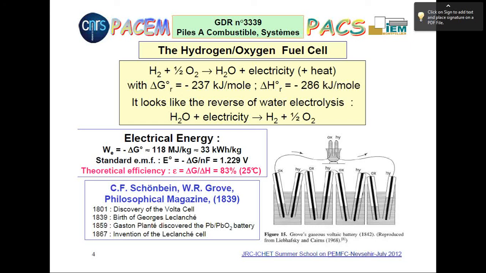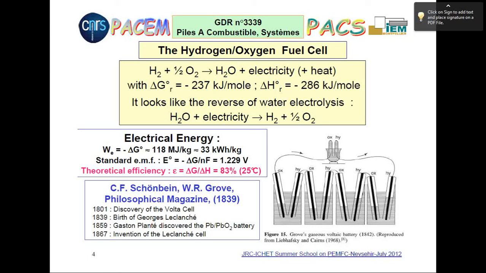So you provide electricity and you get hydrogen and oxygen. It was very important at that time because in 1801, Volta discovered an elementary cell, a mixture of copper and zinc. So Grove and Schönbein had the possibility to make electrolysis.